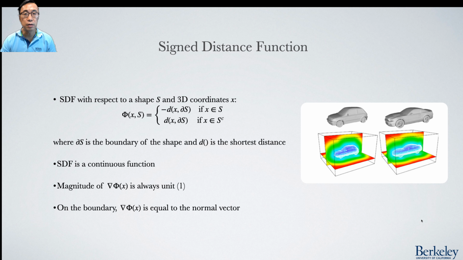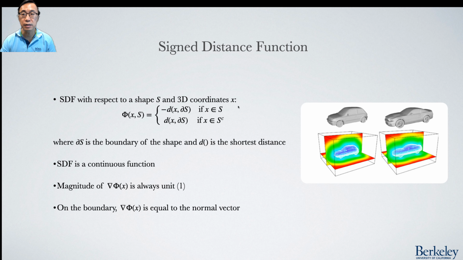To address this problem, from our research, we believed introducing an intermediate continuous function, the signed distance function, can successfully improve the quality of this shape completion approximation. For those of you who have not used signed distance function before, it is an extension of the definition of a level set. For a shape S, a signed distance function can be evaluated at any 3D coordinates x.